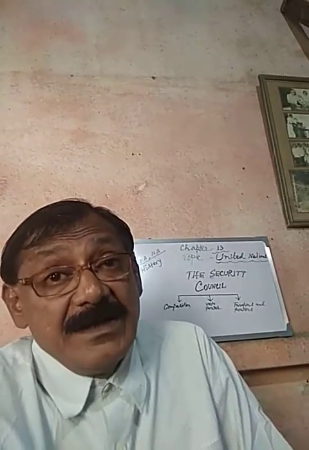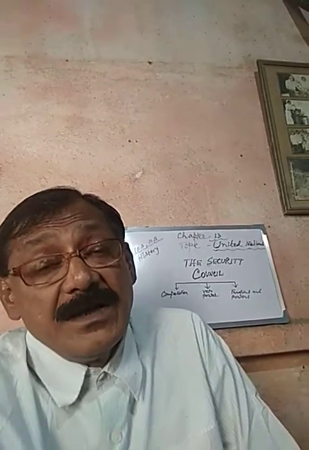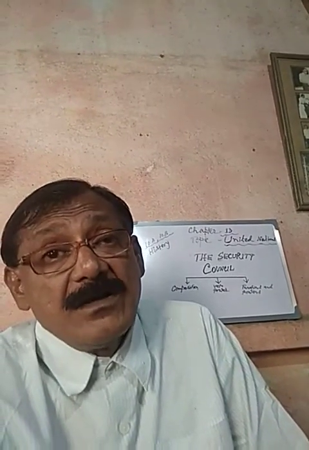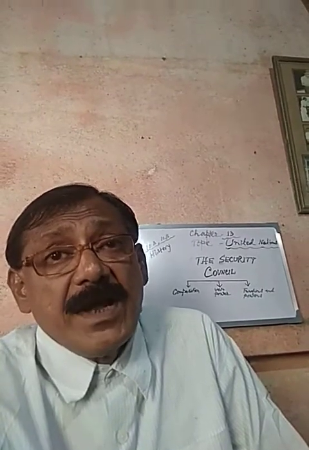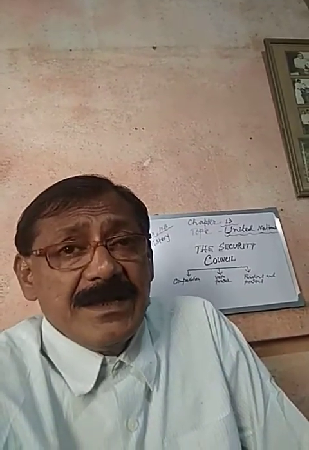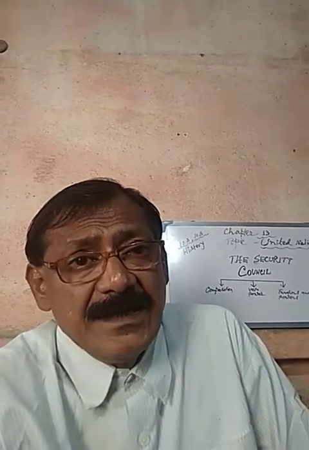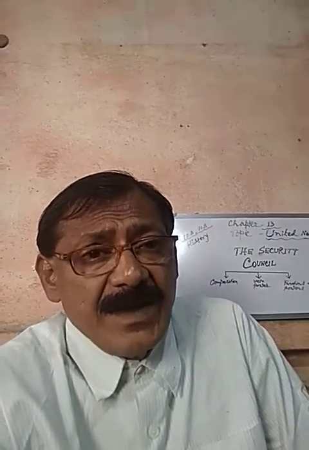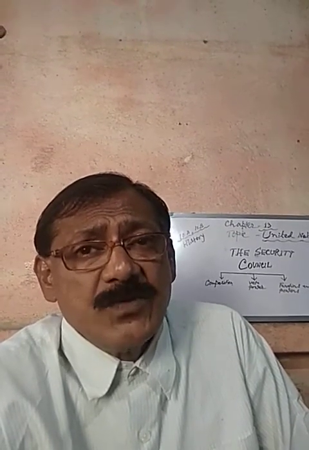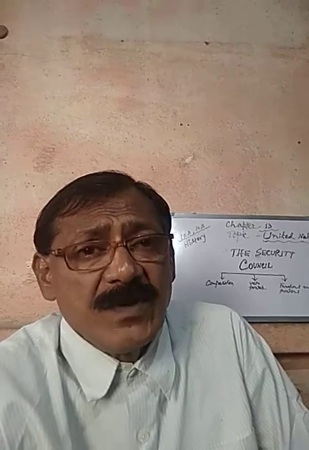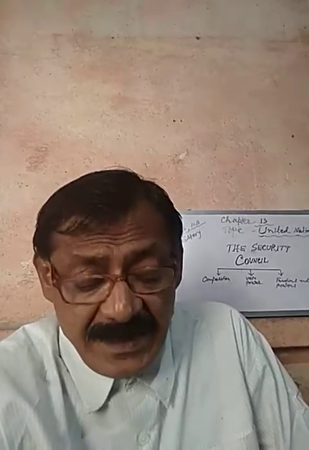And whenever any permanent member uses its veto power, the political deadlock which was going to be broken can be complicated. The process can be complicated. That's why the permanent members have to be careful from time to time so that points of difference can be avoided.